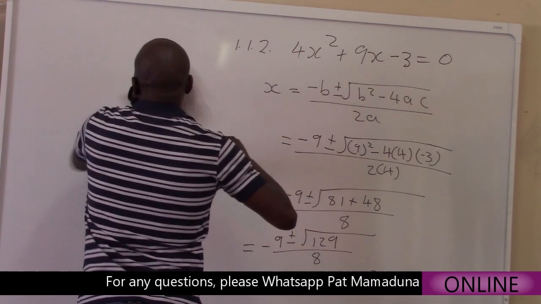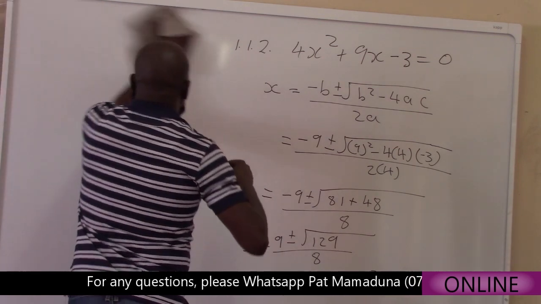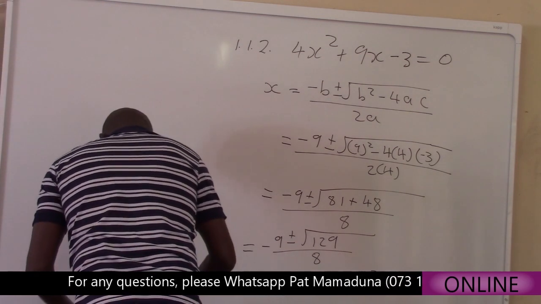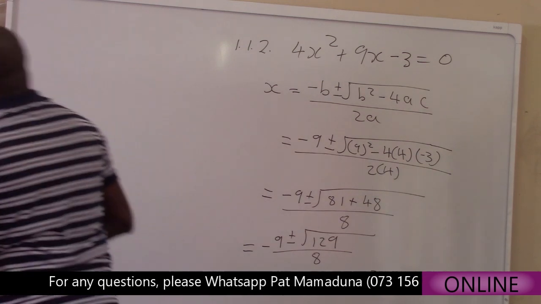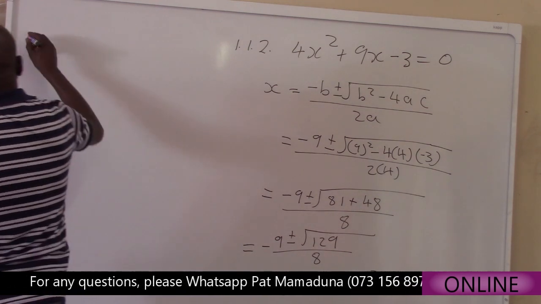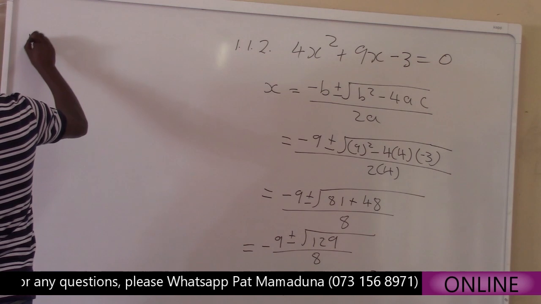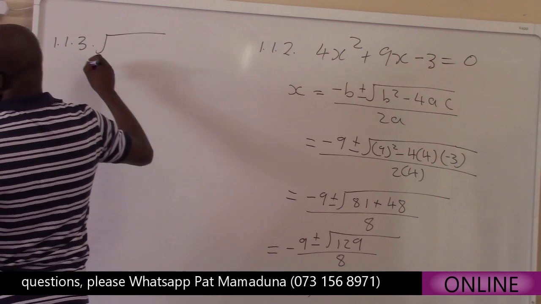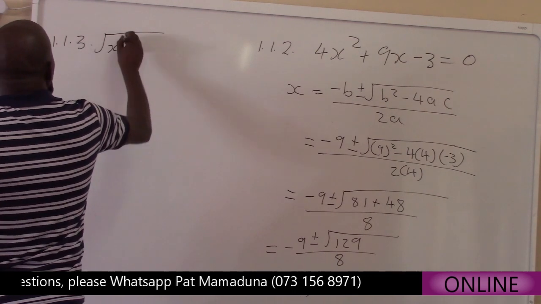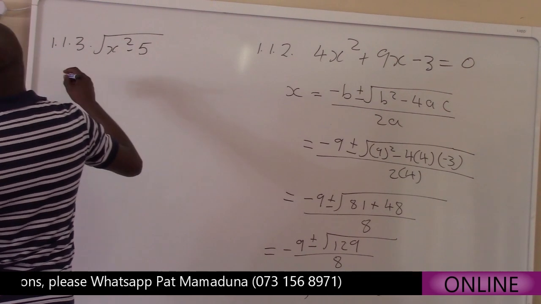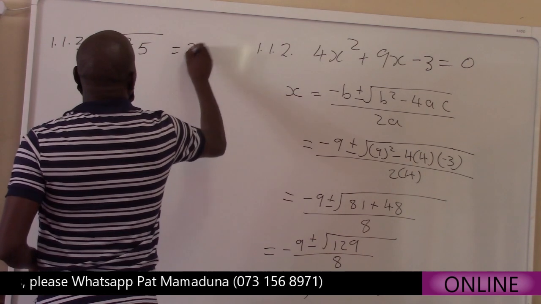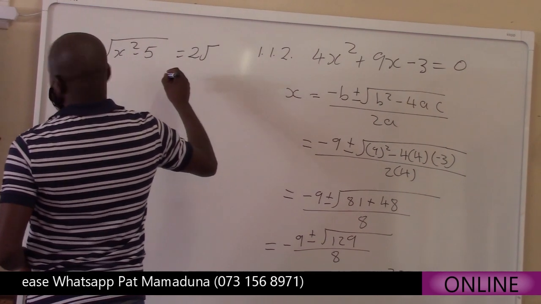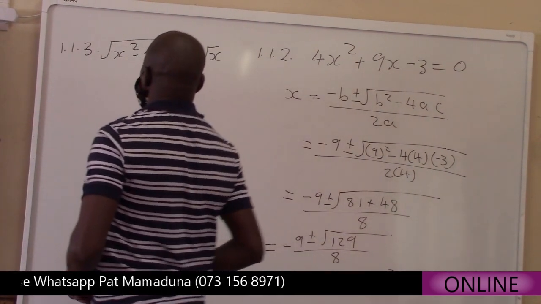And then the other one that comes, sometimes it comes in many other ways, but it's the one where we are squaring both sides in order to get our solution. In this case, the one in 2017 of 1.1.3, it was the square root of x squared minus 5, equal to 2 times the square root of x.